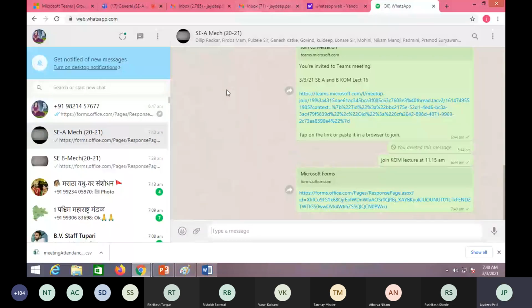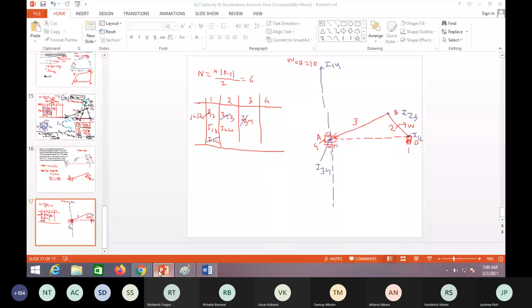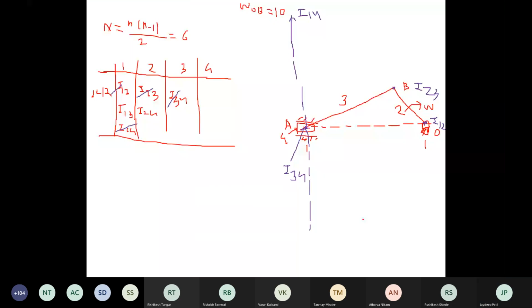Okay, I have to mark your attendance and come to the problem. Till here, did you understand? I 1 4 is the point where you have to locate the ICR. When two links intersect, you mark the ICR of those links at the intersection point or the joint.